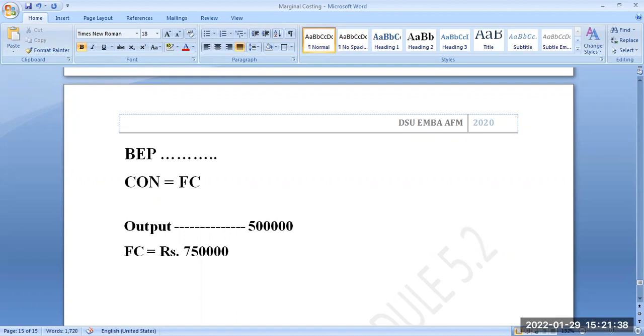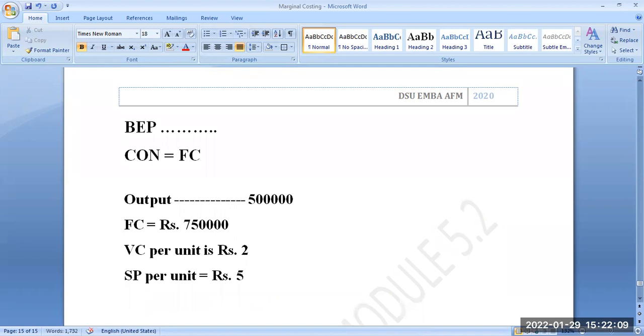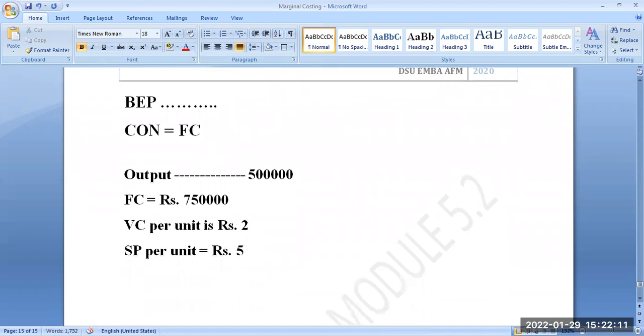Variable cost per unit is rupees 2. Selling price per unit is equal to 5 rupees. Can anyone tell me the break-even point?